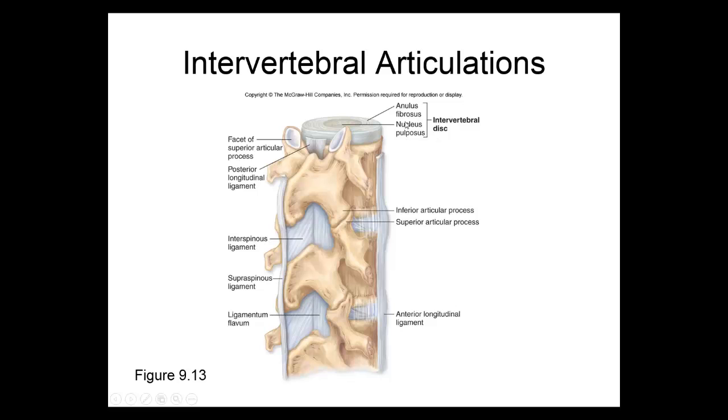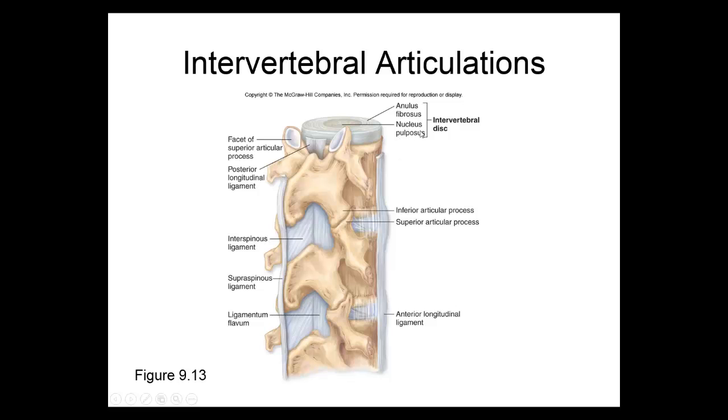The intervertebral disc is composed of rings and rings of fibrocartilage. That is a tough kind of cartilage, hard to break and stiff. And the center is soft, more gelatinous, more water in it, less collagen, and much more elastic and reticular fibers in the center.